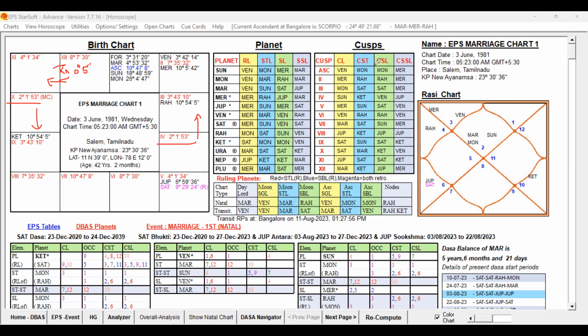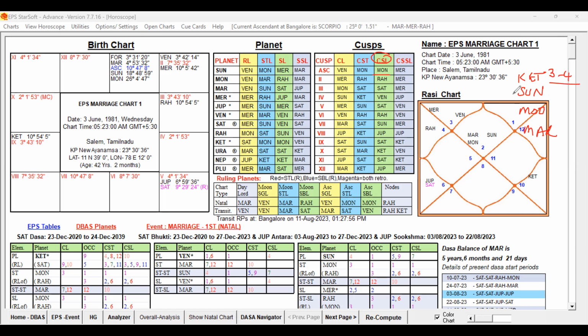The second one is to check the cuspal sublord of all the 12 cusps, whether they are on the border of the signs. Suppose the cuspal sublords are Ketu, Sun, Moon or Mars. Because they have less sublord duration, they are fast moving, as the duration of their dasa periods is very short. So these cusps will change fast, with a duration of about 3 to 4 minutes maximum.